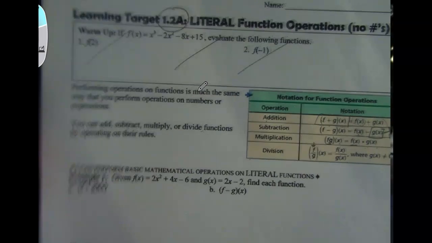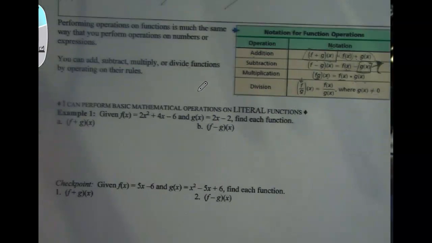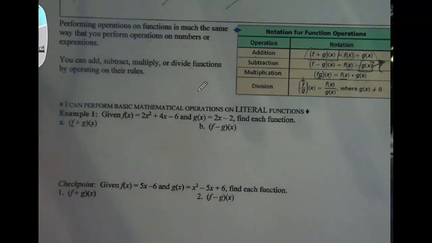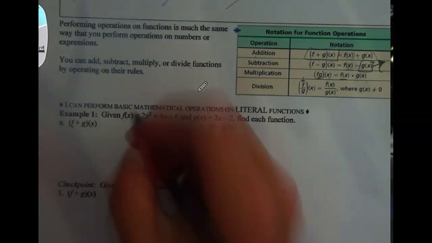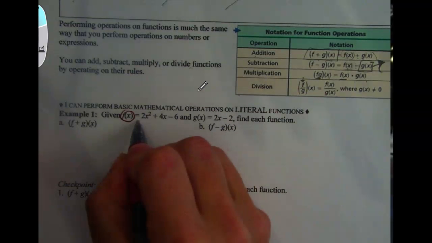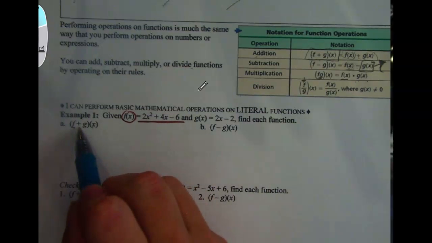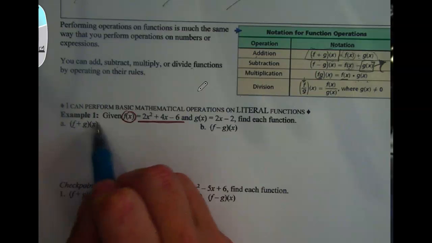But looking at example number 1. What this is saying is, remember, addition means you take your f of x. I like to color code things, so I'm going to use one color for the first one. So f of x, that's my first one here, and we are going to add it to g of x.